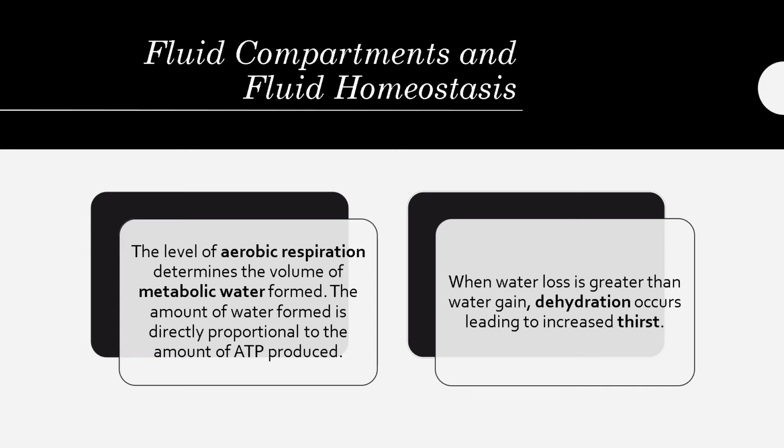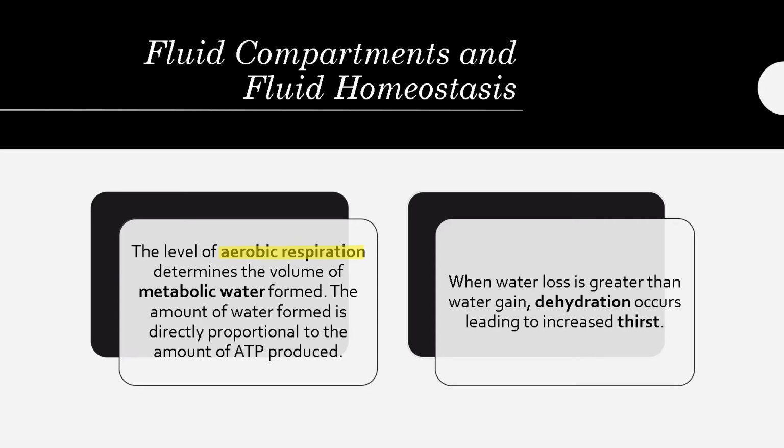The volume of metabolic water formed in the body depends entirely on the level of aerobic respiration. And this is going to reflect the demand for ATP in body cells. So when more ATP is produced, subsequently more water is formed. Now, body water gain is regulated mainly by the volume of water intake, or how much fluid you drink.